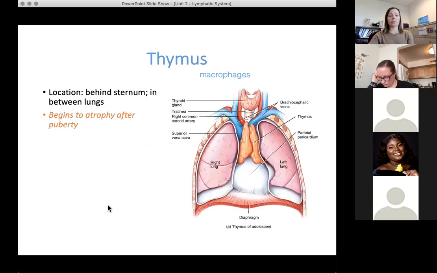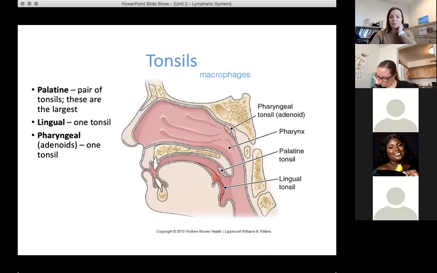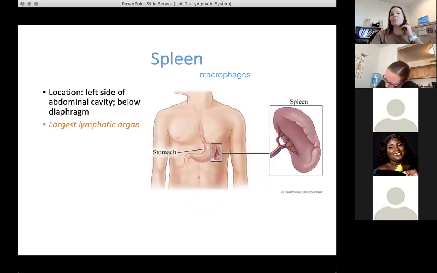Okay, and one more thing. One last function is that this is the location of red blood cell production before birth.